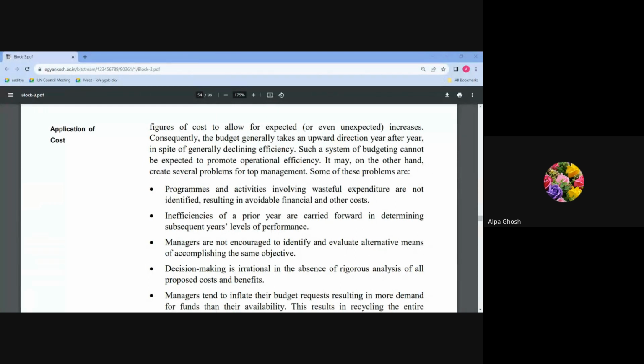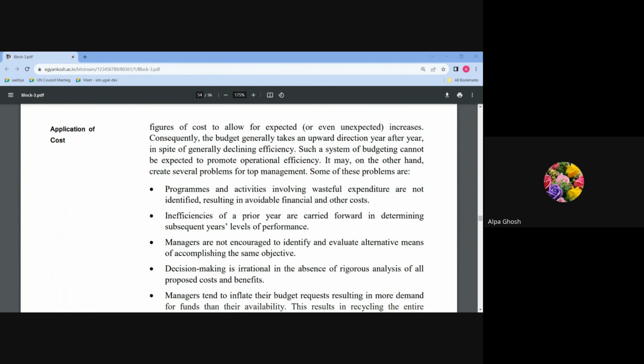In all the other budgets, the base is your previous year's. But in zero-based budgeting, we start preparing the budget from scratch. Whatever the previous year's performance, we do not take it into account and we prepare a fresh budget as if the company is a new one. So every year when the budget is prepared, if we are following zero-based budgeting, we do not take into consideration the budget of the previous year.